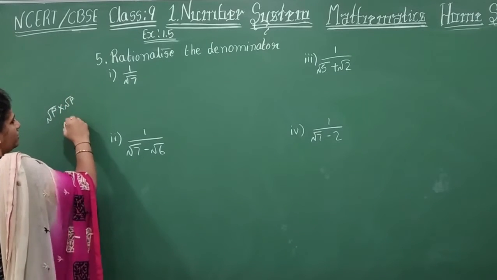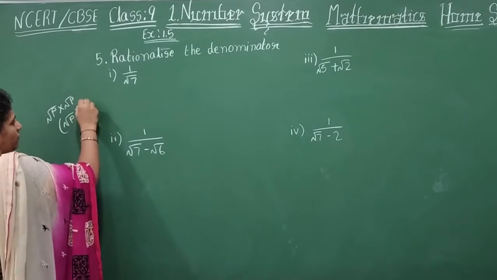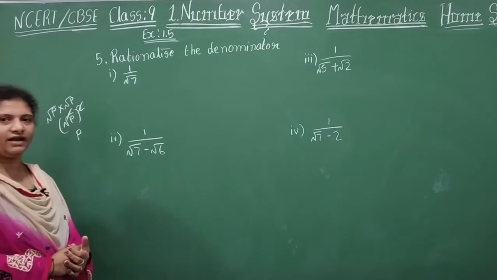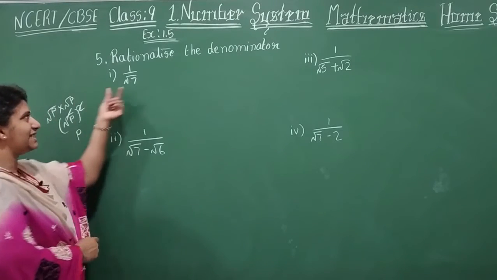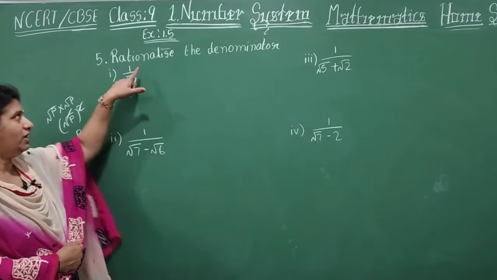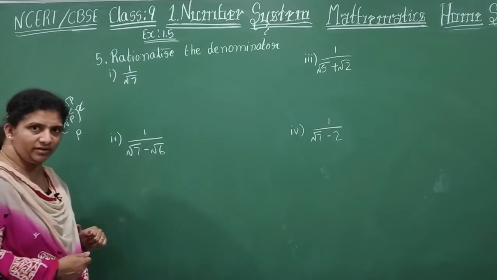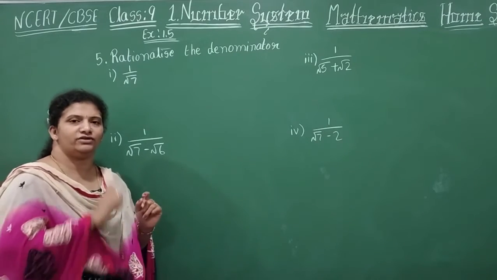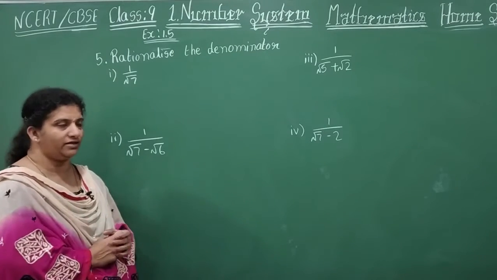What happens? Root of p whole square, the square root cancels, p is your answer. P is rational, right? So if you have a single surd, the same value you need to multiply in numerator and denominator. When you are rationalizing, you need to multiply both numerator and denominator.